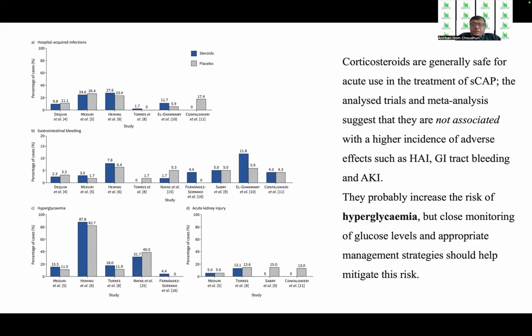And some studies, though, said that they probably increase the risk of hyperglycemia, but close monitoring of glucose levels and appropriate management strategies should help mitigate this risk. Therefore, it is not very difficult to control these side effects or take appropriate measures so that their effect can be minimized.